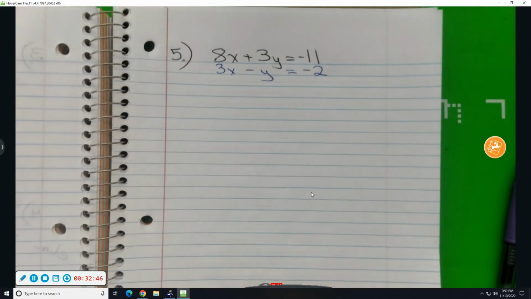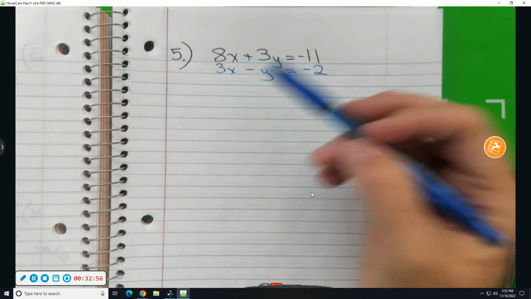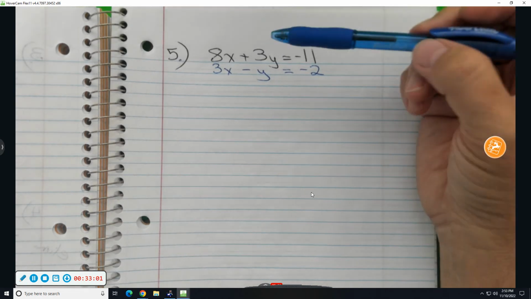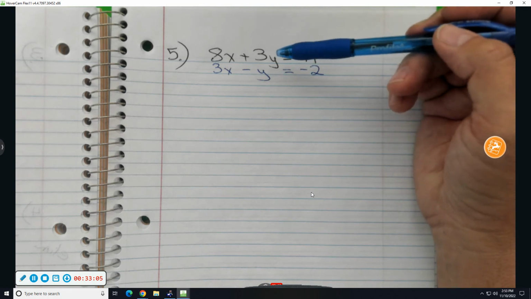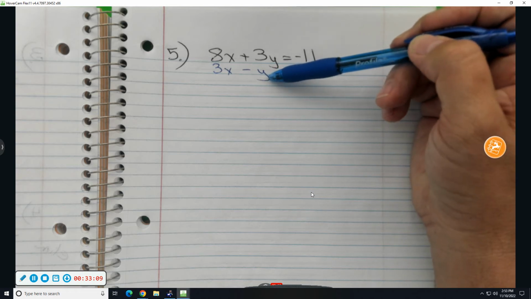To use elimination, you need the like variables aligned, and you need the same coefficient but opposite signs. Well, we have like variables aligned, but we don't have the same coefficient. I think the one that would be the easiest to modify would be the second equation on that y right here.